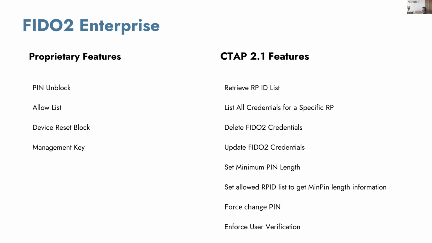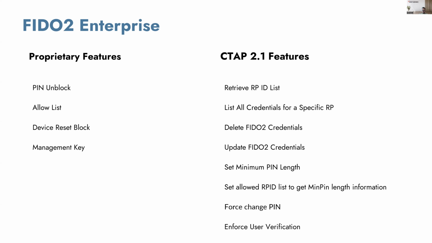Setting the minimum PIN length. Set allowed relying party ID list to get minimum PIN length information. This one sets a list of relying parties allowed to ask the device for the minimum PIN length. You also have the force change PIN option and enforcing user verification.